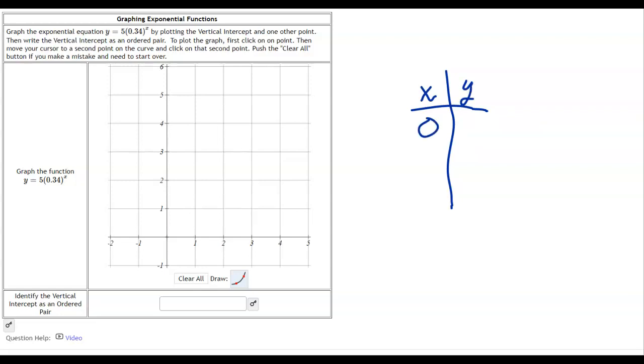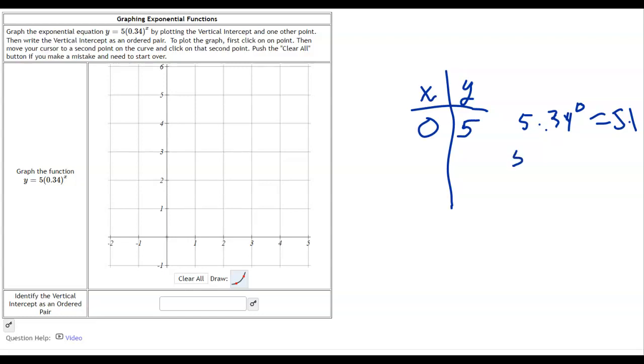And of course, 0.34 to the 0 power, 5 times 0.34 to the 0 power, equals 5 times 1, which is 5.